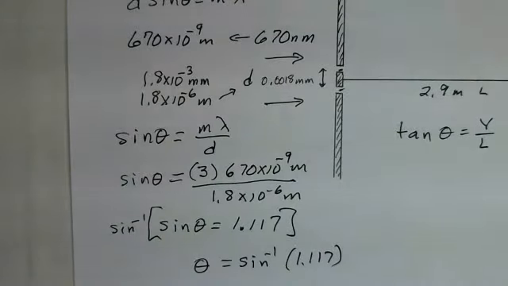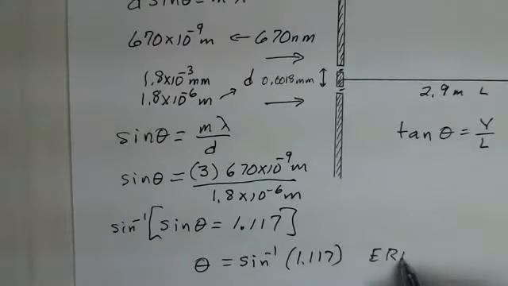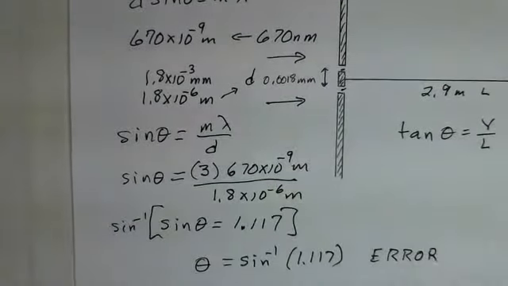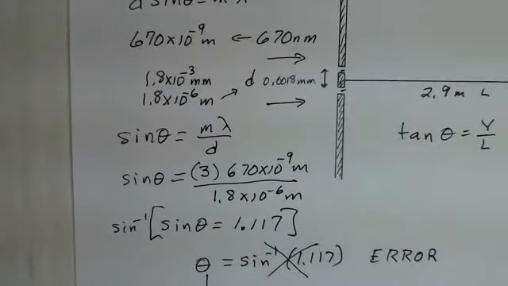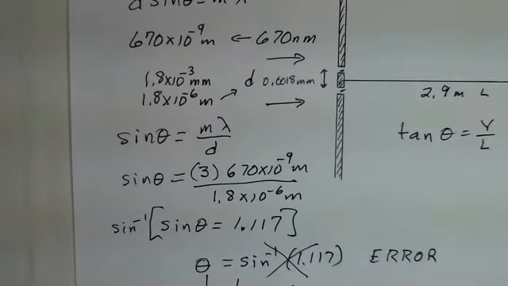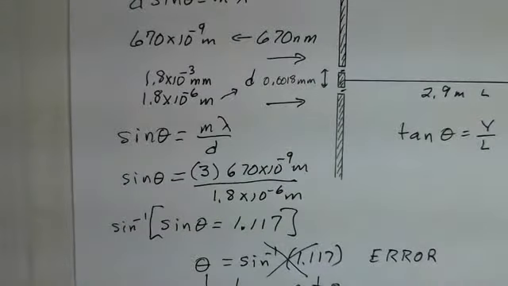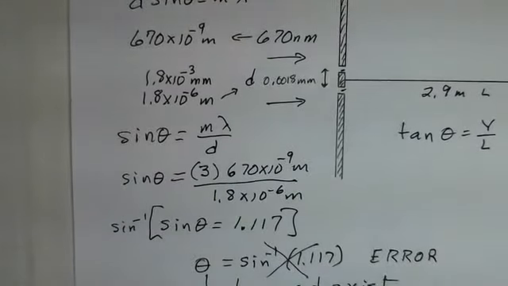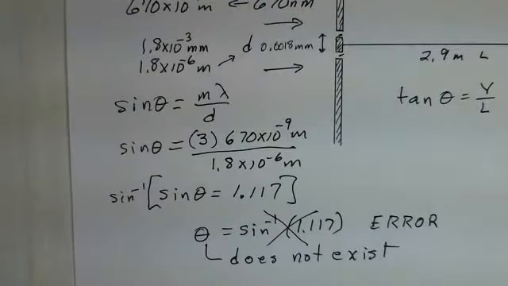I hope I didn't break your calculator. What's the difficulty here? Why is your calculator displaying an error message? It's because this 1.117 is out of the domain of the inverse sine function. This is illegal. This theta does not exist.